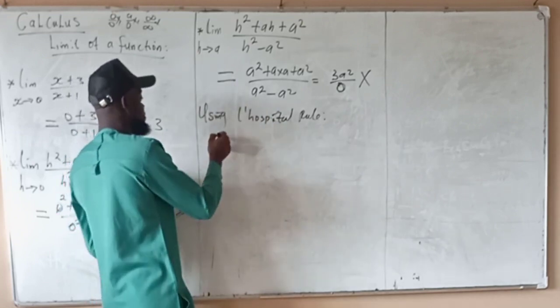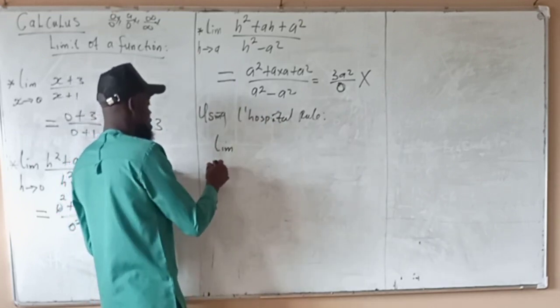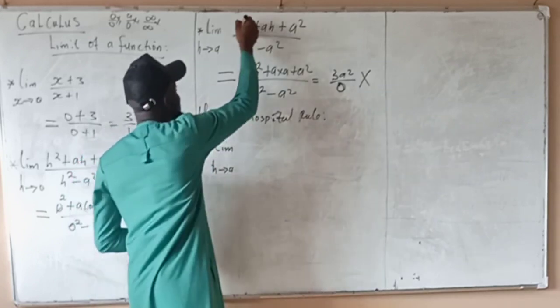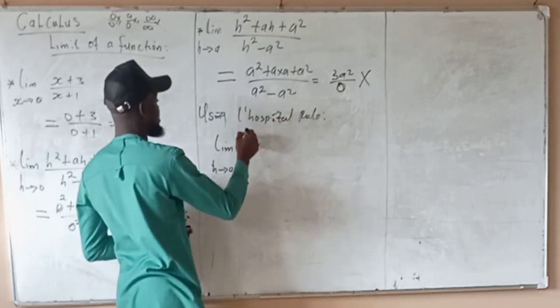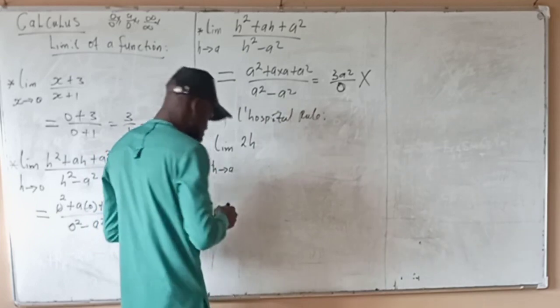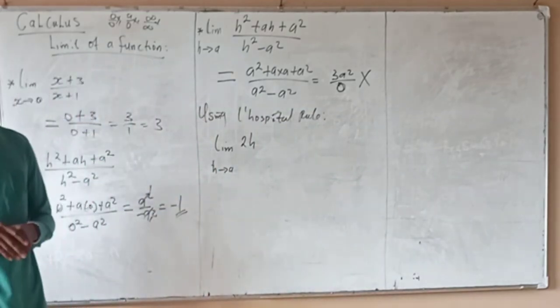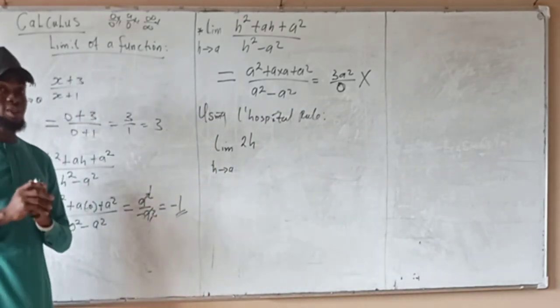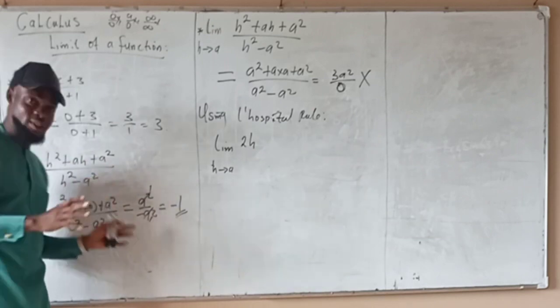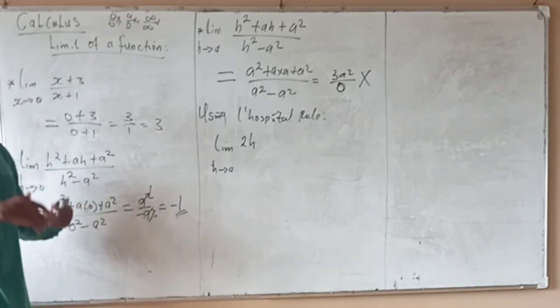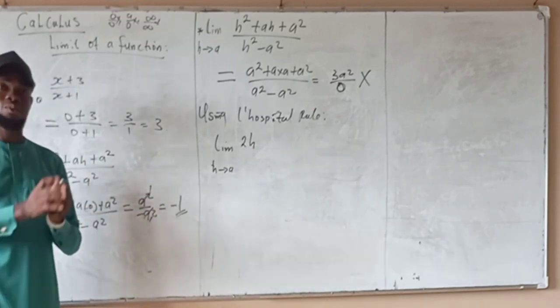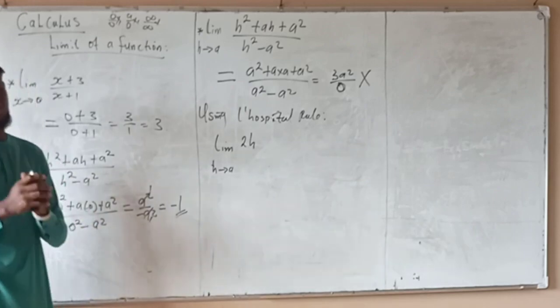So we are going to differentiate both with respect to h. If you don't know how to differentiate, please go back to differentiation. We have done differentiation of polynomial, trig, exponential, logarithmic, everything is inside this channel. Go and look at them.